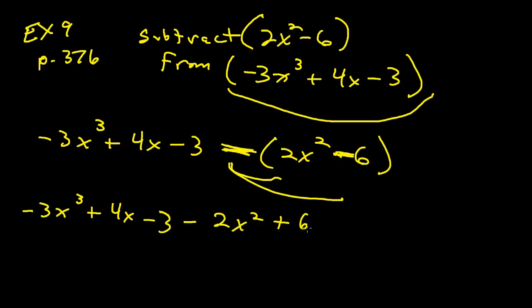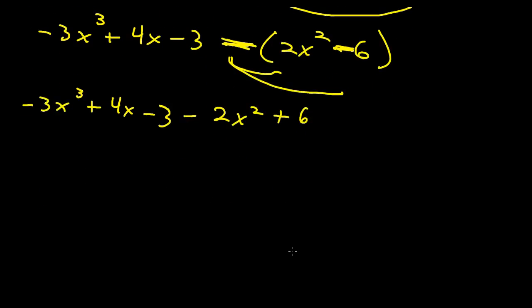Now I'll just combine the like terms that I have left. Let's see, x cubed, I have no other x cubed term, so I'll just carry that down to my final answer. Similarly, I have no other x squared terms right here, so I'll carry that down to my final answer, minus 2x squared.